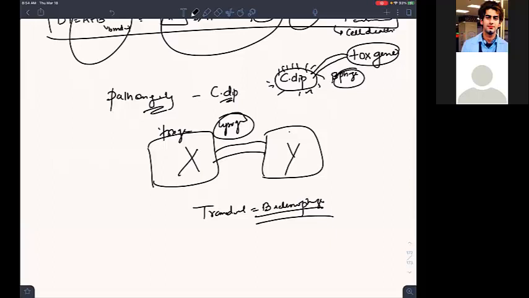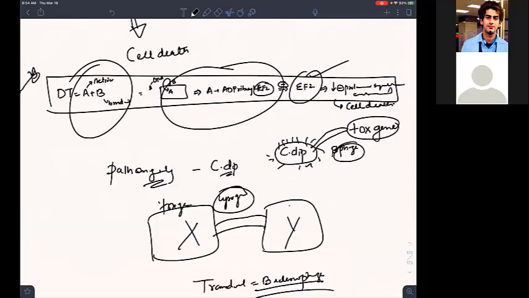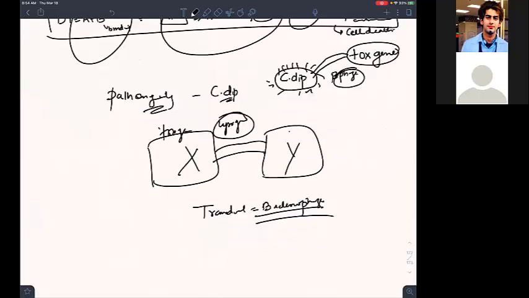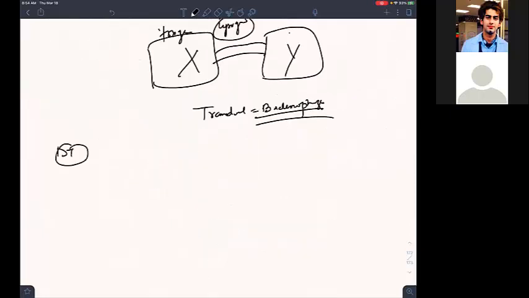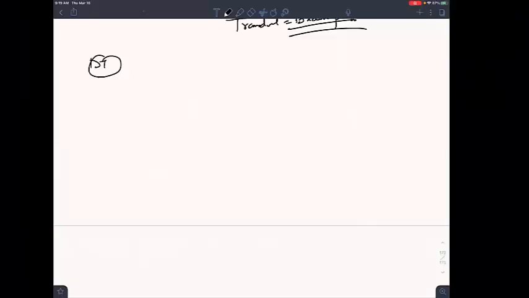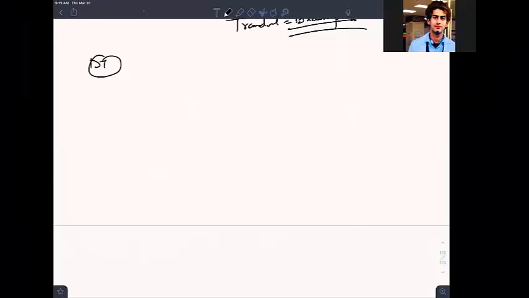Now let me talk about this diphtheria toxin again. Now this DT toxin has a very high potency. What do you mean by the potency? The amount of dosage required to produce a lethal effect.